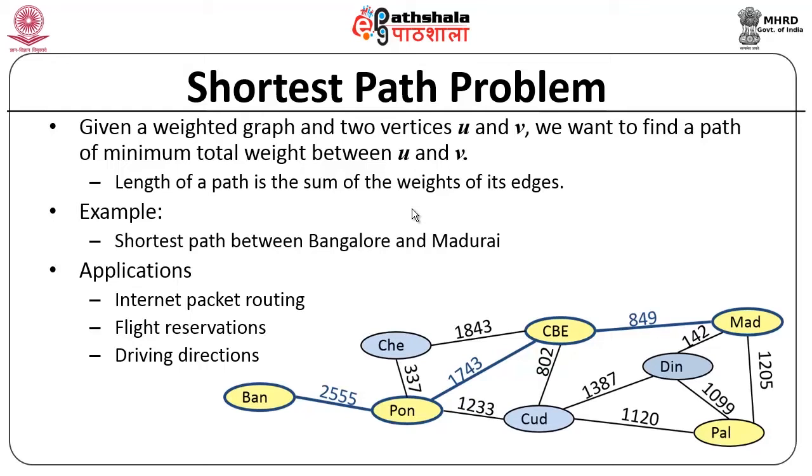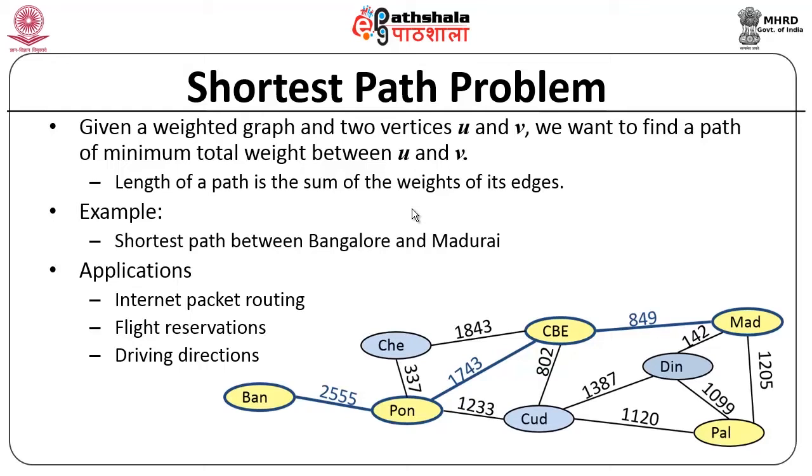Sometimes it is called total weight, sometimes it is called length, sometimes it is called distance, it does not matter. So, the length of the path, the total weight, is the sum of the weights of its edges. That is how we are defining the minimum. We say distance because we are talking about shortest.